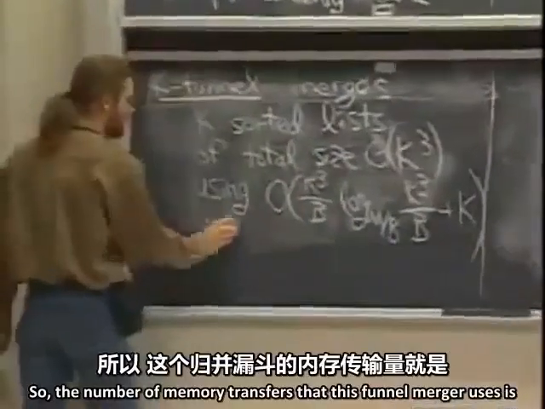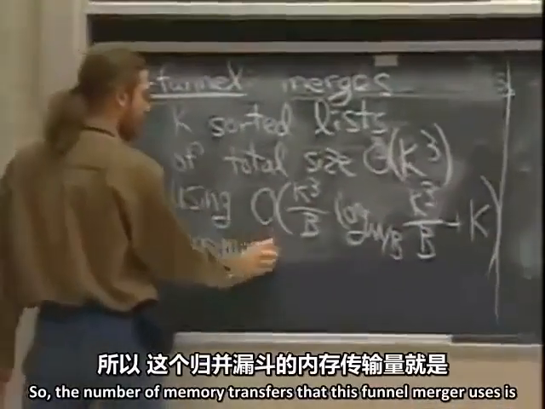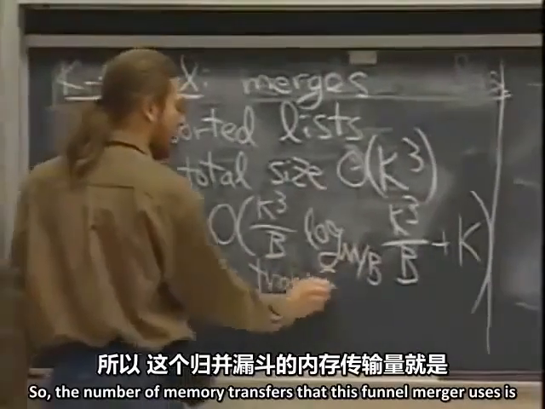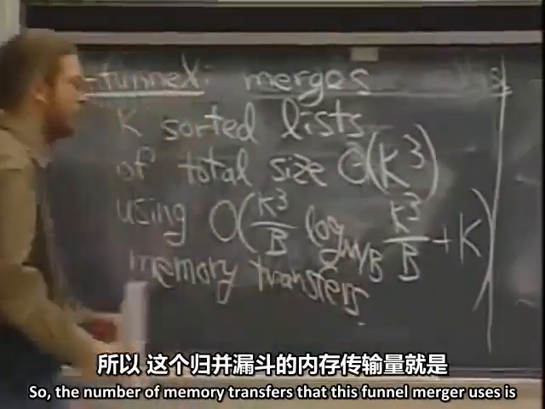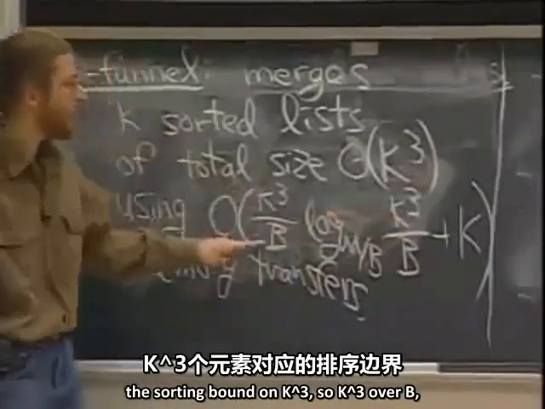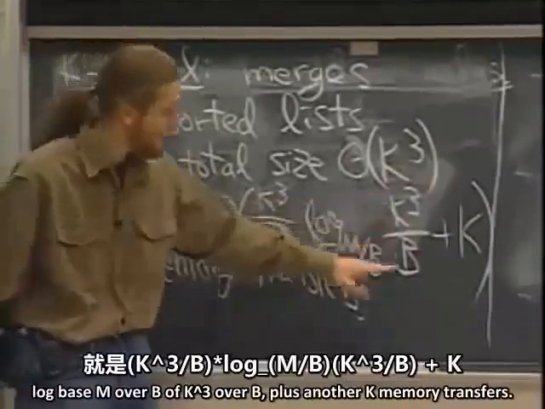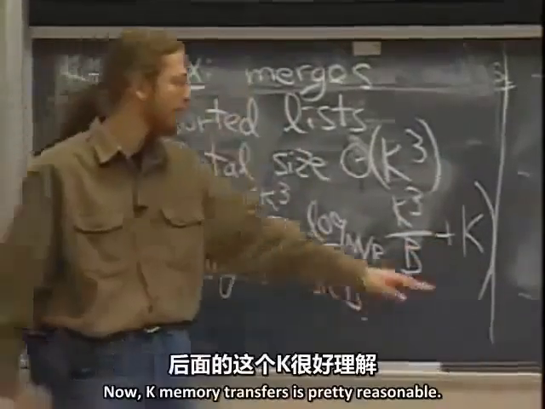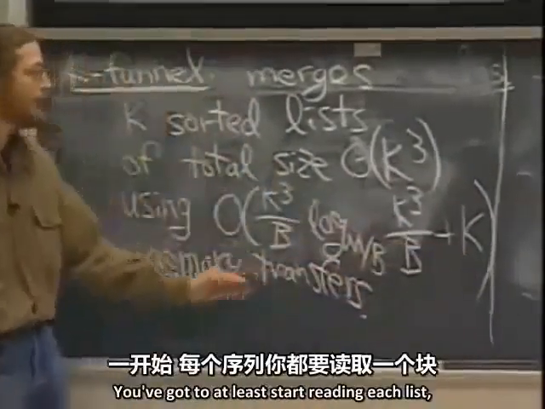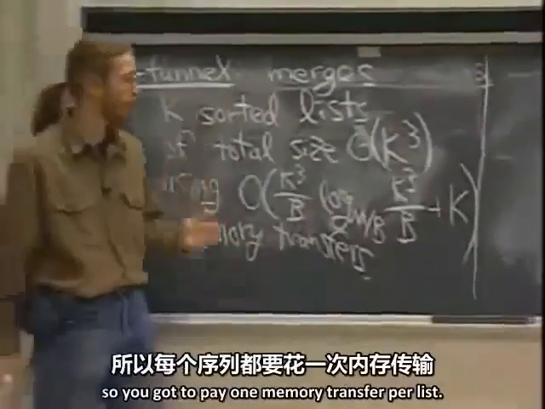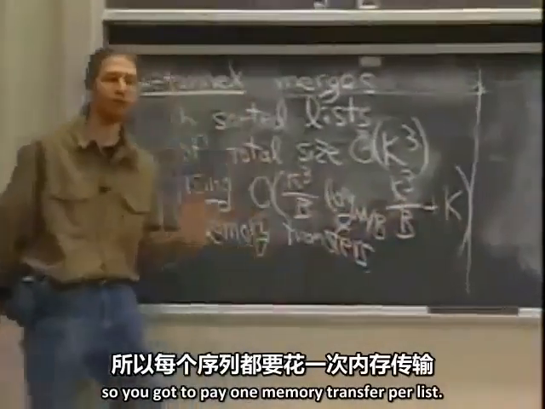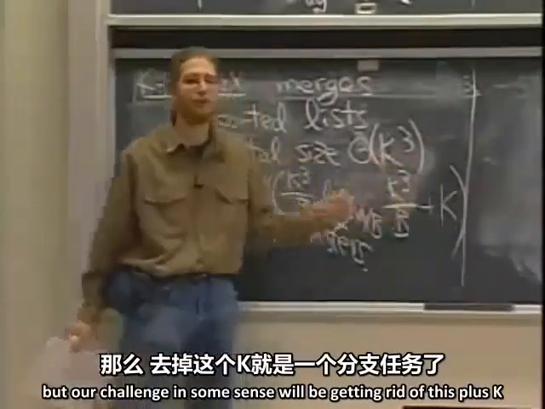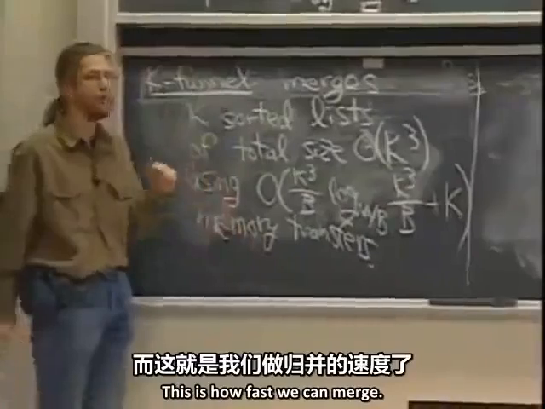So the number of memory transfers that this funnel merger uses is the sorting bound on k cubed, so k cubed over b log base m over b of k cubed over b, plus another k memory transfers. Now, k memory transfers is pretty reasonable. You've got to at least start reading each list. So you've got to pay one memory transfer per list. Our challenge in some sense will be getting rid of this plus k. This is how fast we can merge.